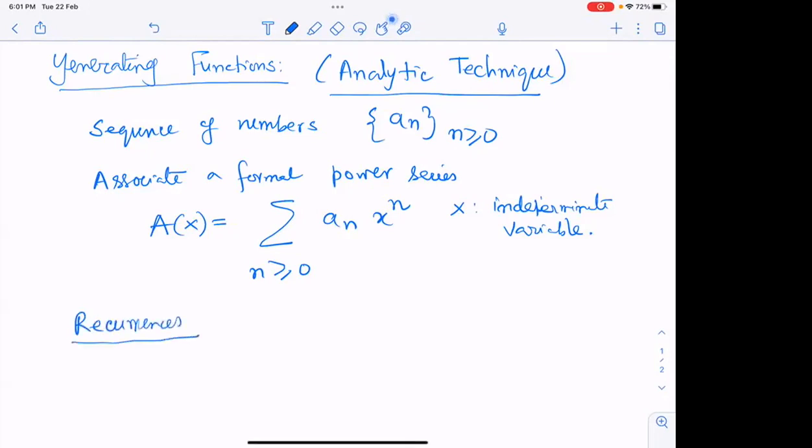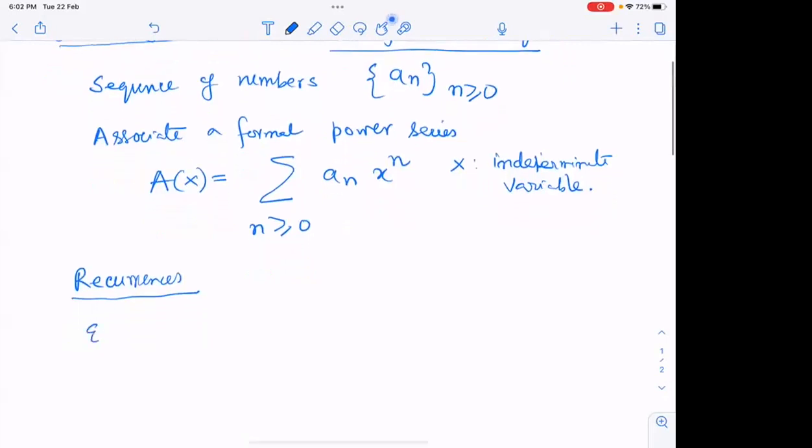What are recurrences? We mostly know them as expressing the nth solution with respect to the earlier solutions in an algebraic form. So let's take an example. Maybe there are lots of examples in the textbook.